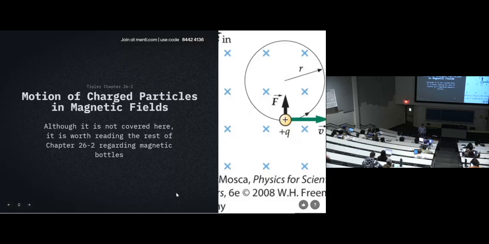All right. Although it's not covered here, it's worth reading the rest of chapter 26 too. If you have any interest in fusion technology or the aurora borealis and space weather, I'm not going to cover it here, but the idea is you can squeeze magnetic field lines together, and when you do that, remember the density of field lines corresponds to the strength of the field.